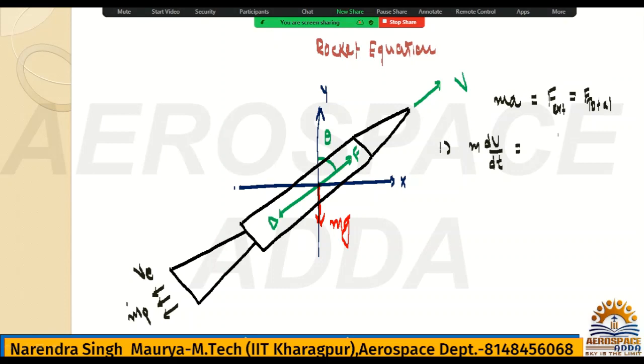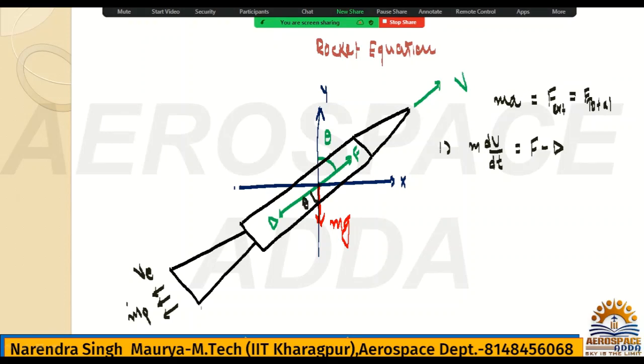And what is the force? First, we have a thrust force F. Then drag, if you check, is just opposite, so drag is opposite. And check the weight component. We are resolving in the direction of motion. In the direction of motion, the weight component is mg cos theta. Why? Because this is theta, so this will also be theta.